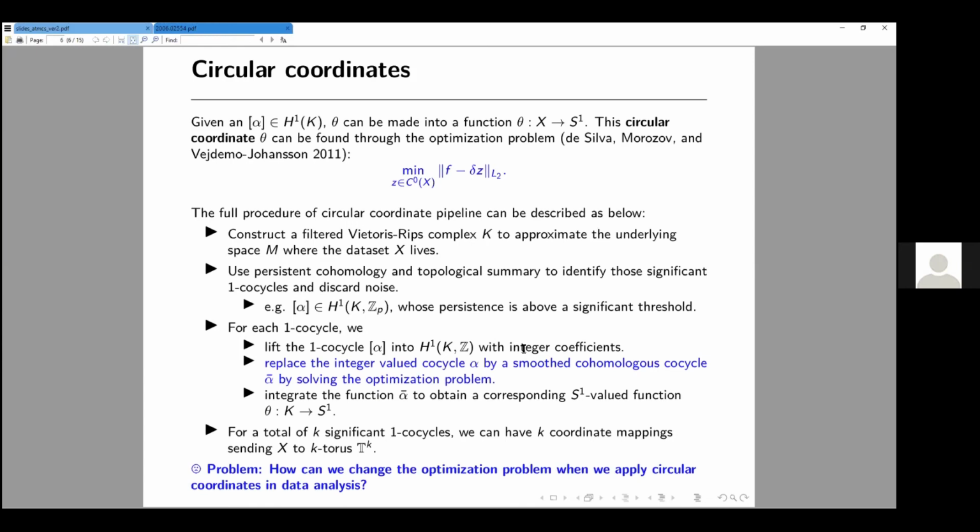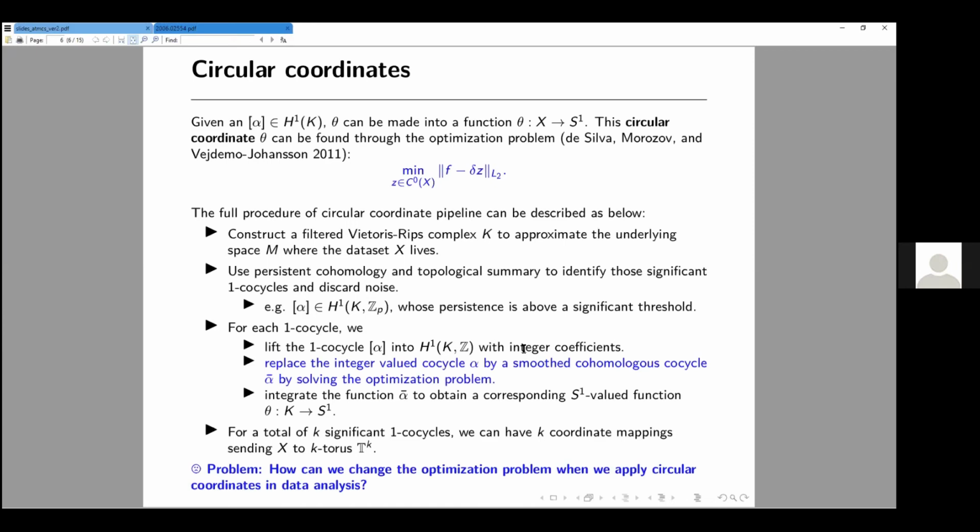In the third step, we operate on each single one cocycle. First, we lift the one cocycles to the integer coefficient field, and then we replace the integer-valued cocycles by a smooth cohomologous cocycle by solving the optimization problem above.